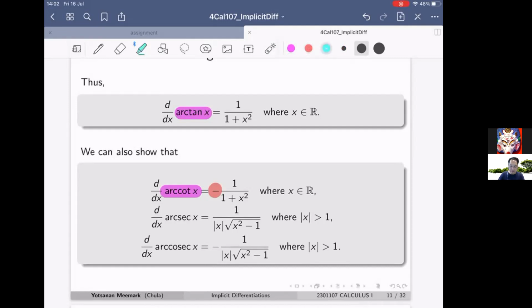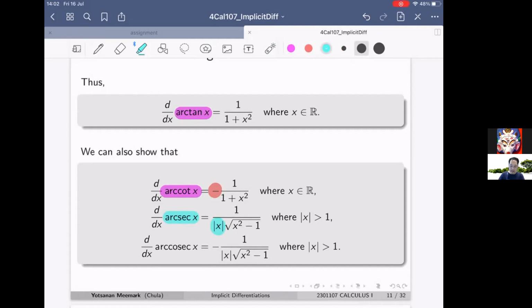And later on, if you want, you can try to find the derivative of the arcsecant. It becomes 1 over the absolute value of x times the square root of x squared minus 1, so it depends on whether your x is positive or negative.